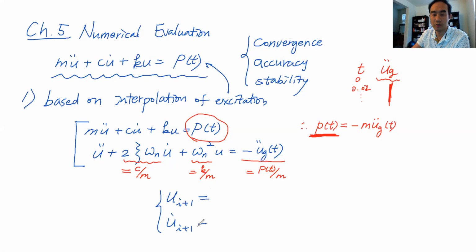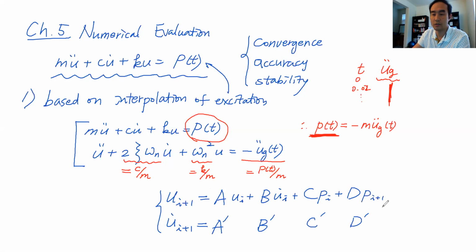And we can make expressions for these two through A, B, C, D. These are all coefficients, and also A prime, B prime, C prime, D prime. The first one is u. The second one is u dot. Third one is P at the ith step. And this is P at the i plus 1th step. Same thing here: u i, u dot i, P i, and P i plus 1.